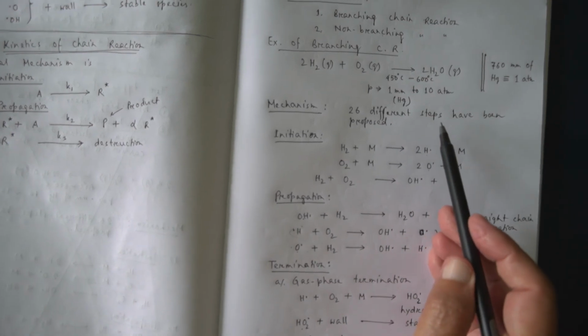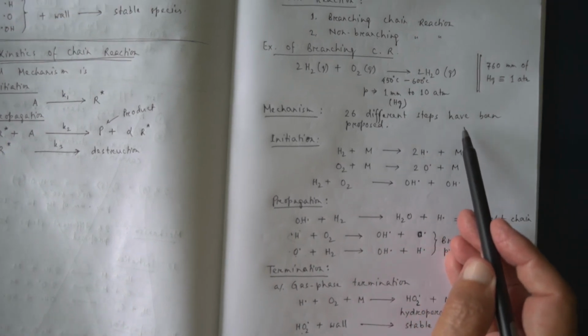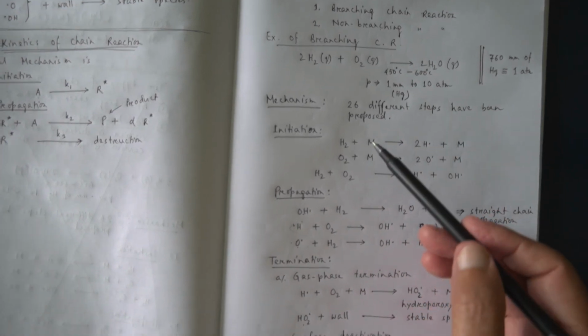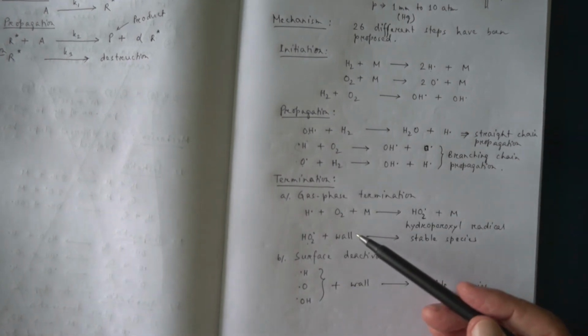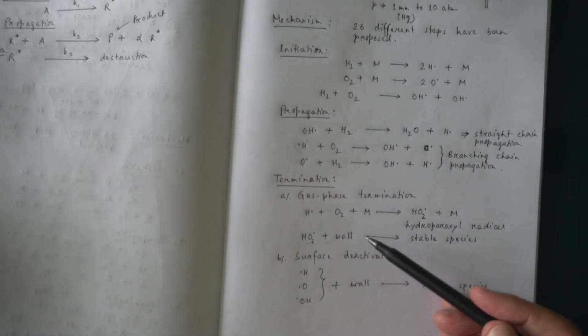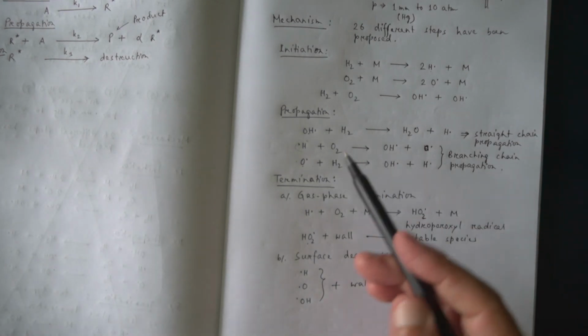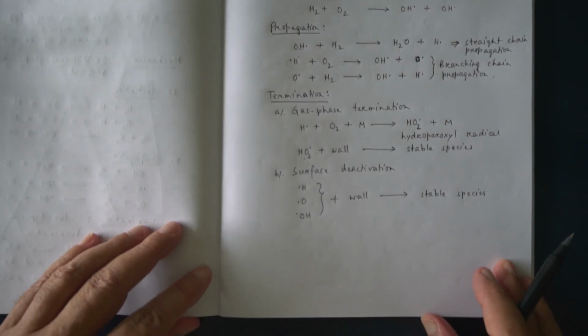Though there are 26 different steps, we have mentioned only a few. So this is the branching chain reaction.